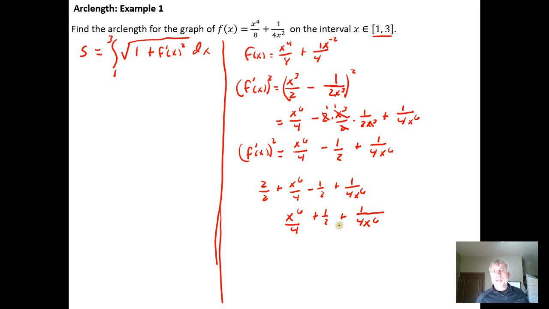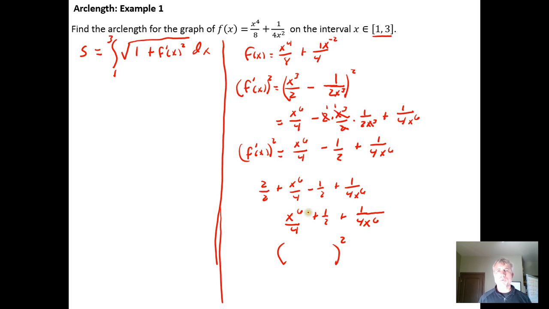And things are always contrived in calculus, at least in first year calculus. So you've got a square root here, and if things are going to work out nicely, we need something squared under here so that we take the square root of something squared. So what I would do next is look at this and say, is it possible to write it as something squared?